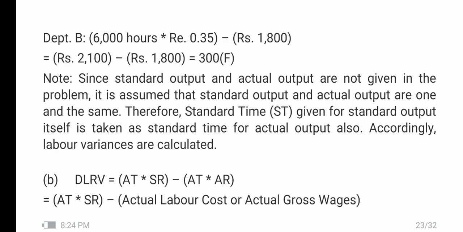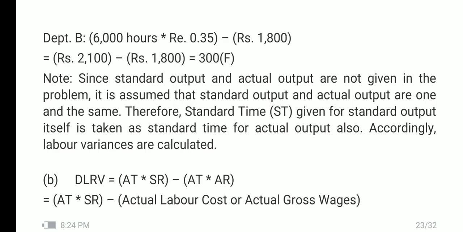Here we should note that since standard output and actual output are not given in the problem, both are missing. It is assumed that standard output and actual output are one and the same.